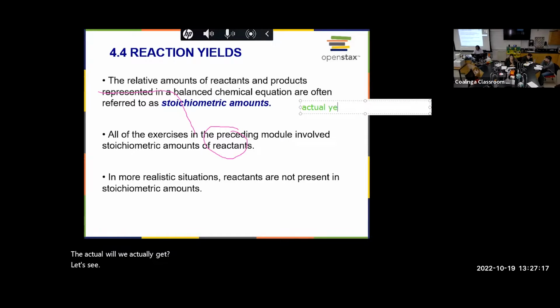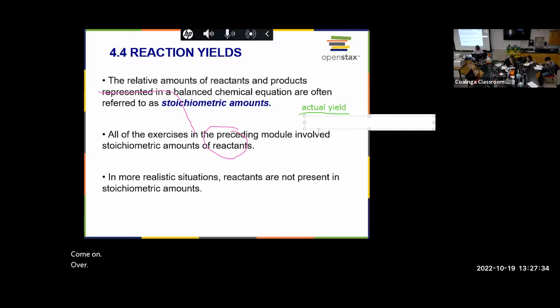So we call it the actual yield over the theoretical yield, or we call it the ideal, times 100.